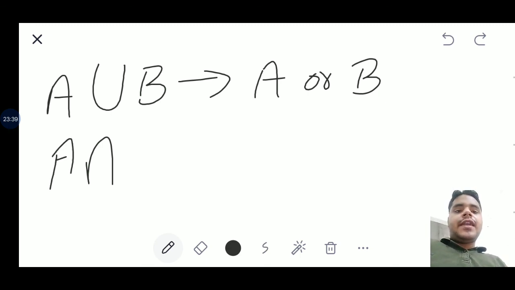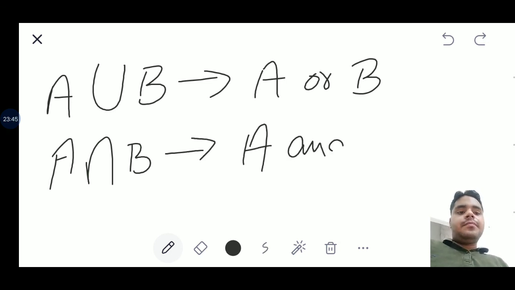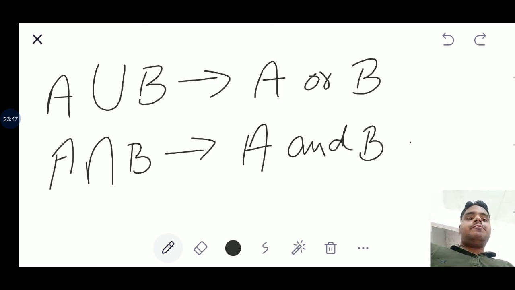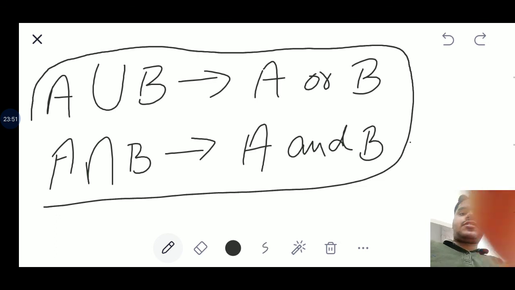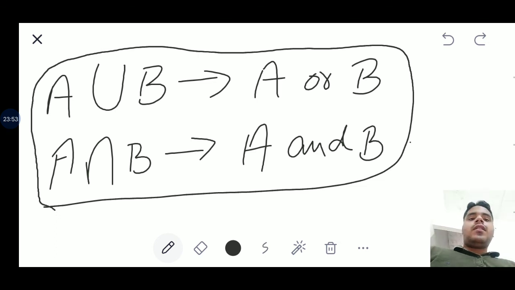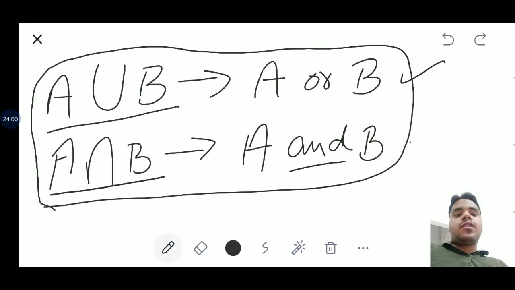If it is written A intersection B, then the difference is we have to use A and B. So whenever the language comes up, if it is written or here, then you have to find union. If it is written and here, then you have to go for intersection.